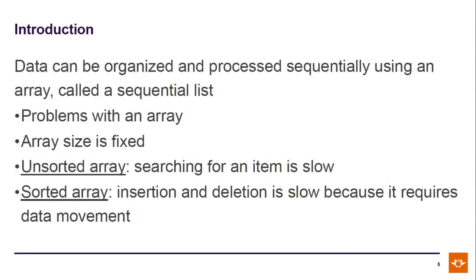So let's say the first element of an array was at memory address 1. The second element of the array will be at memory address 2, and the third element will be at memory address 3, and so forth. So it is literally sequential, even in terms of how it's stored in memory.